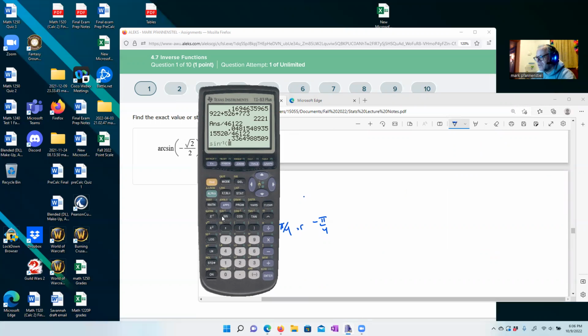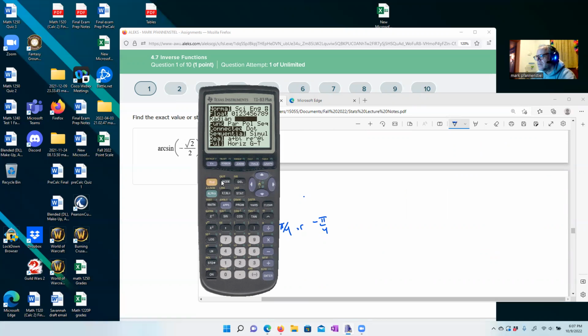Let's guarantee that it works. If I say inverse sine, and we type in negative square root 2, parentheses, over 2, we are going to get, that's not right, that's negative pi over 2. I don't like that. Let's try it in degree mode, just to double check us.